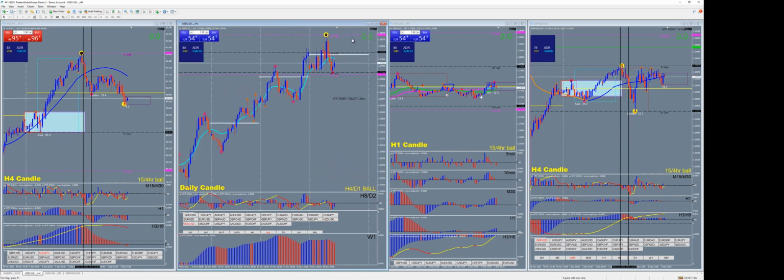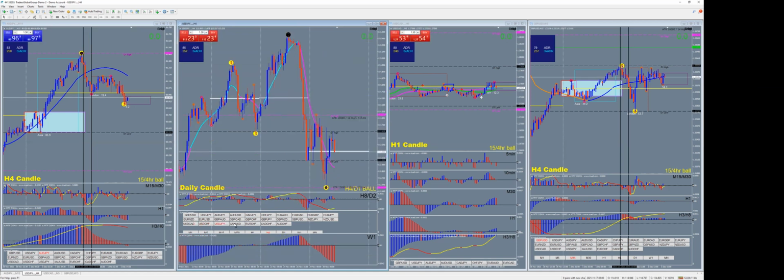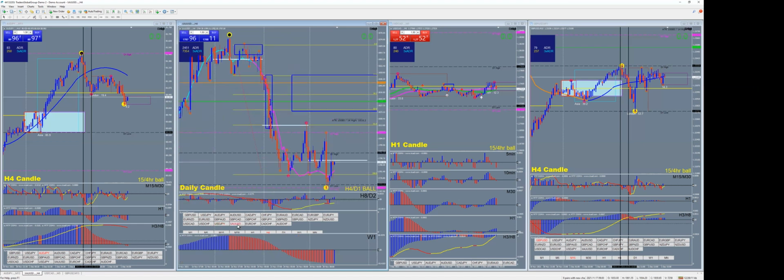USD CAD, 2-ball retracement to the upside. USD yen, short. Retracement.